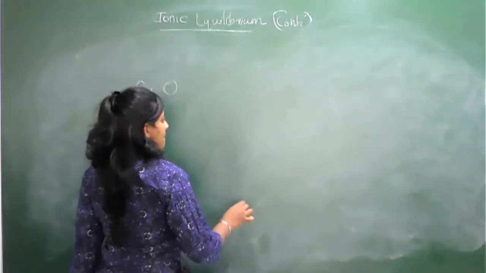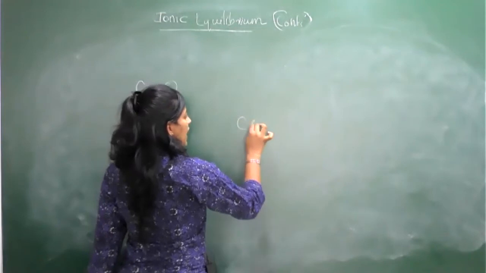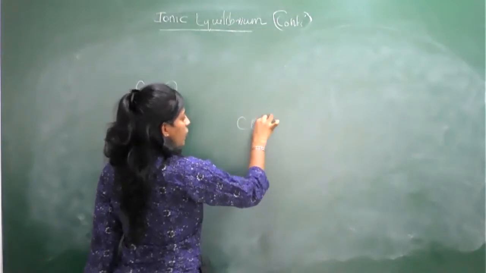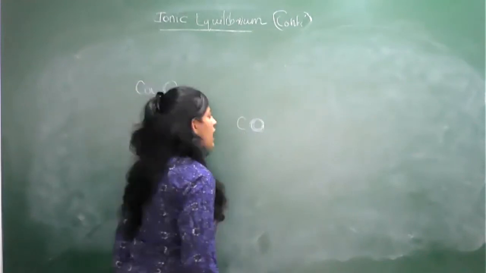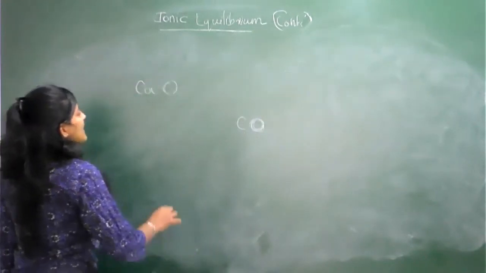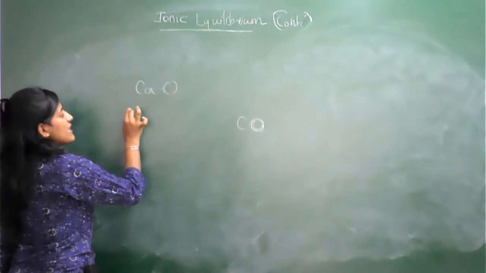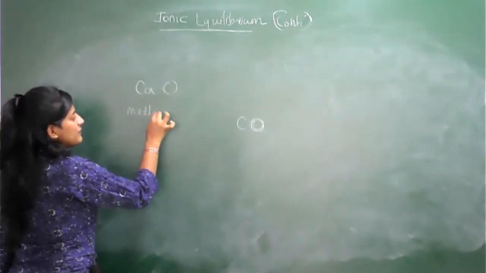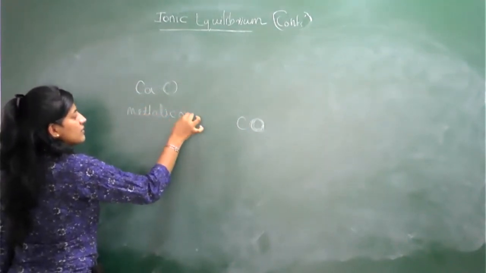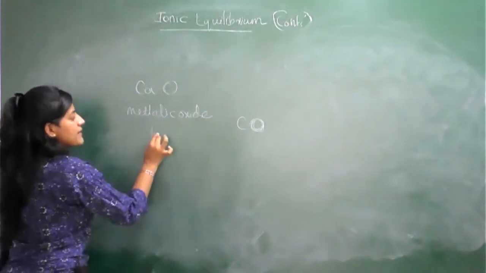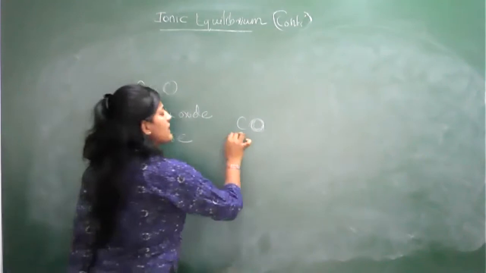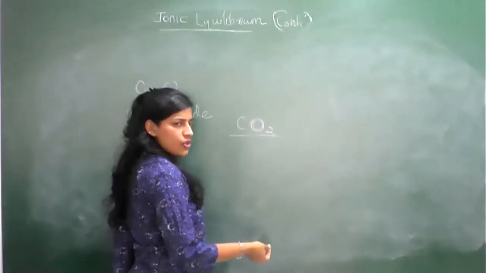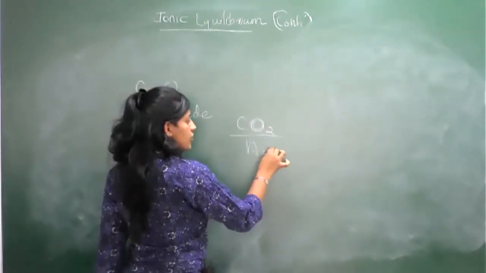Similarly, carbon monoxide is a non-metallic oxide. Calcium oxide, a metallic oxide, acts as a base, always acting as a base. Non-metallic oxide, carbon dioxide is also possible, is acidic in nature.